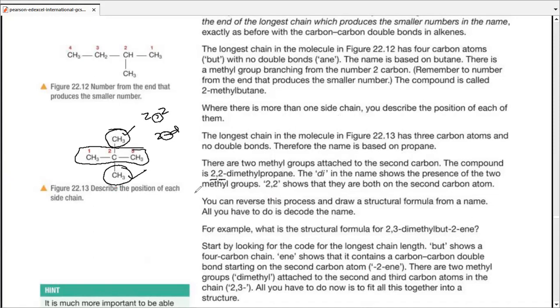Both happen to be branches, both contain one carbon atom only. So we'll use a prefix di. Di means two. Tri means three. Tetra means four. So there can be two branches, maybe three, maybe four, maybe even more.